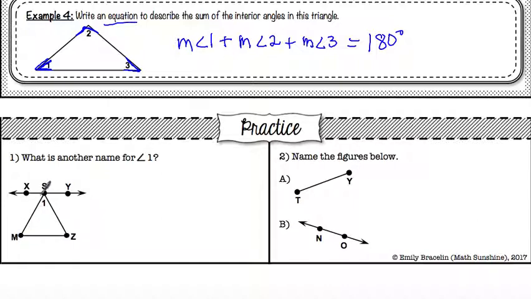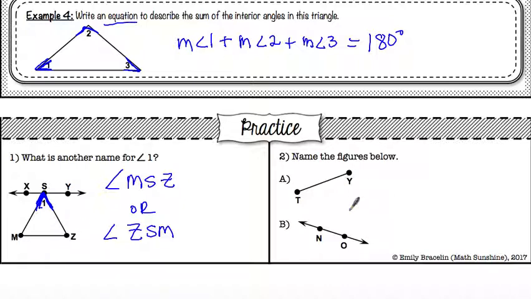I could call it, here's angle 1, okay? I could call it angle MSZ, or the reverse, angle ZSM. It helps if you mark the angle with your pencil. Okay?